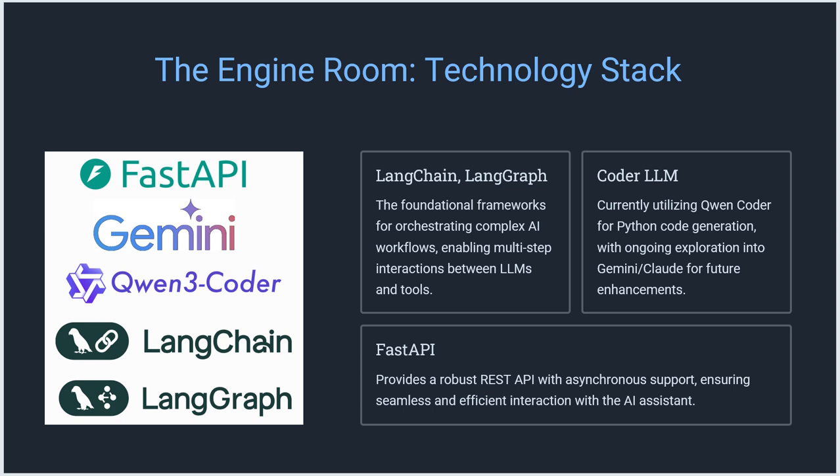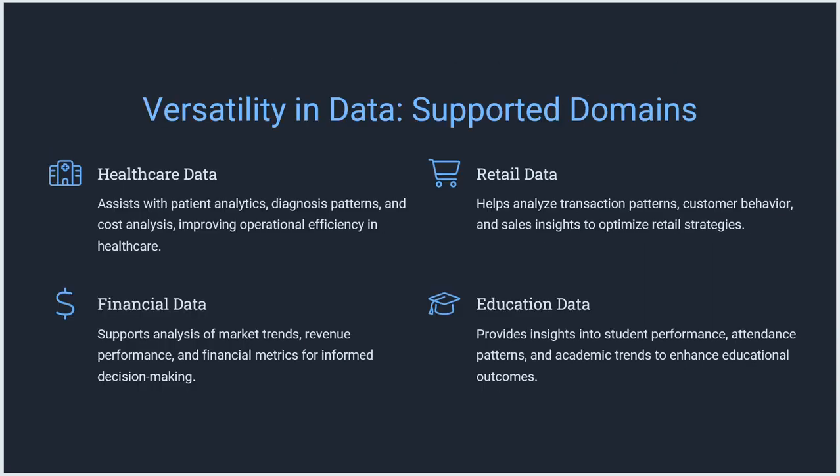For code generation, I specifically chose Qwen Coder because of its fine-tuning for high-quality Python code. Finally, FastAPI provides the REST API layer, ensuring efficient interaction with the assistant via web pages.